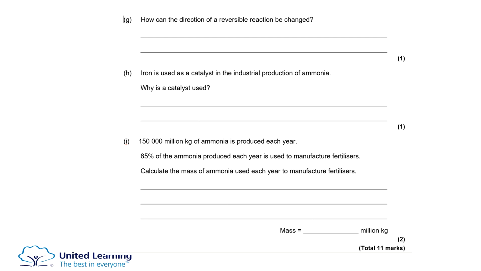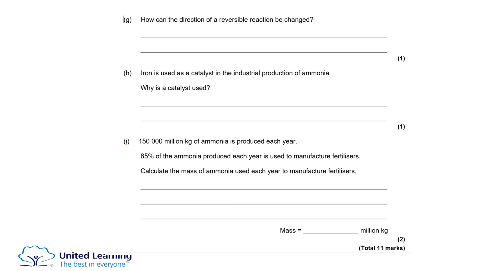Now, G asks us, how can the direction of a reversible reaction be changed? And this answer is exactly the same as the factors or the variables that affect a rate of reaction, which is change in temperature, change in pressure, or change in concentration. Any one of those three rather than change in surface area.